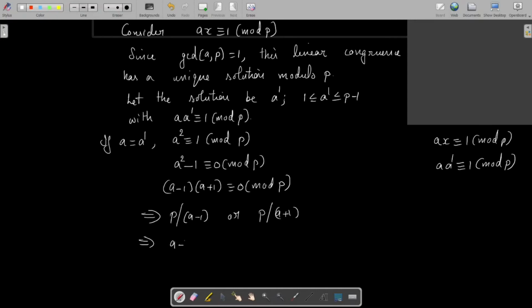That is, A minus 1 is congruent to 0 mod P, or A plus 1 is congruent to 0 mod P.